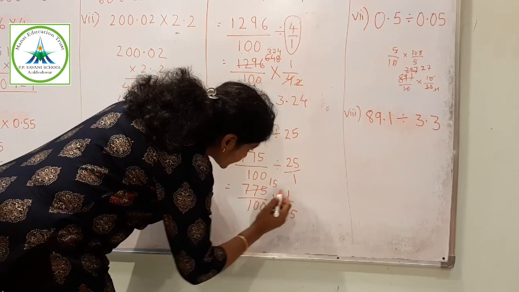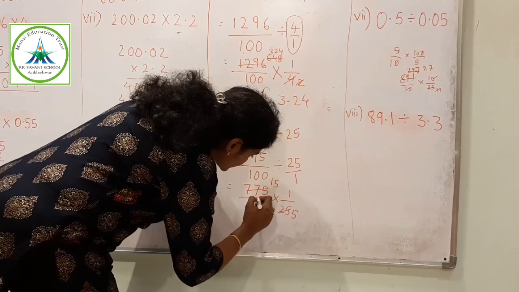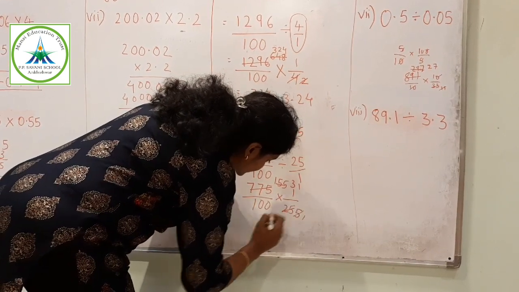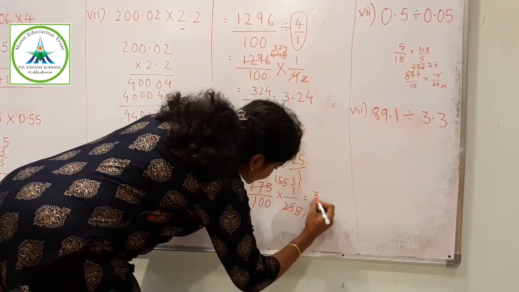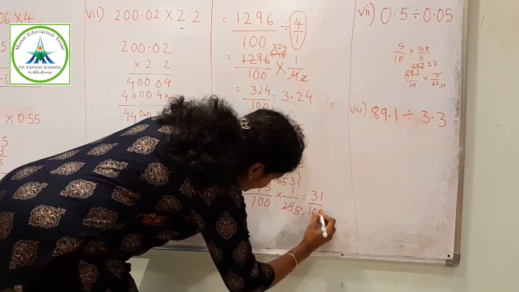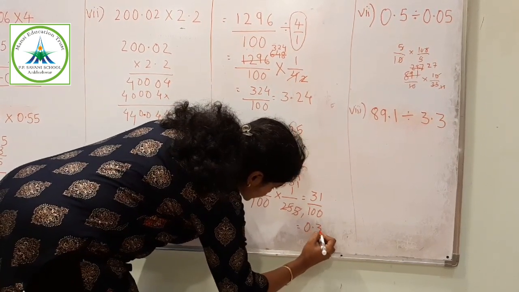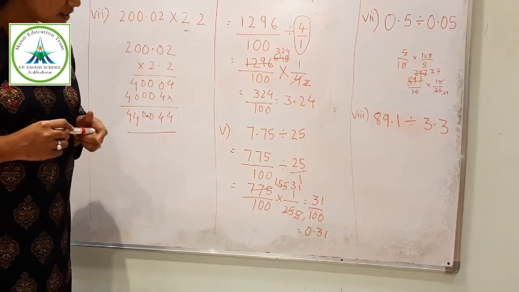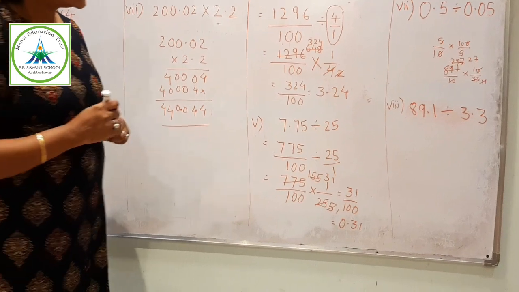So 1, 5 sevens are 35... 31. So this will be 31 divided by 100. So that is 0.31. Okay. This will be your answer.